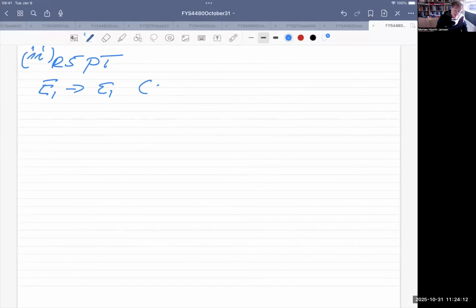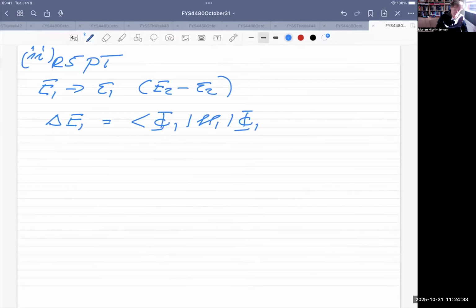And then obviously E2, if we are targeting that one, but we are actually targeting the lowest state, goes over to epsilon 2. Now, in this case, delta E1 is equal to, and we are setting up the same perturbative expansion, except that the higher order terms differ from Brillouin-Wigner perturbation theory. This first-order term is again by definition equal to 0.